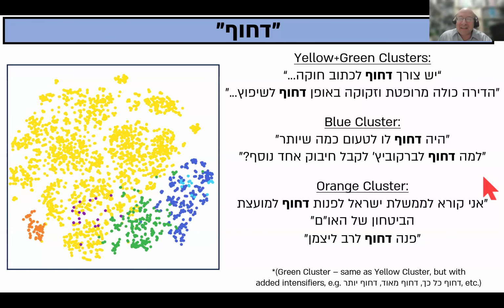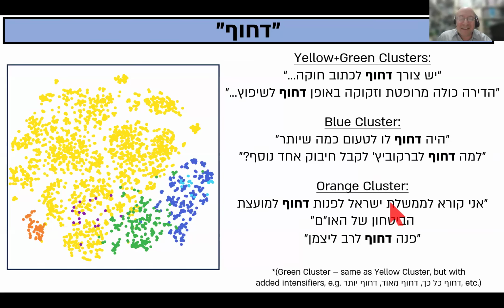The yellow and the green are the standard adjectival usage that Evan Shoshan knew about in his lifetime. Yesh tzorech dachuf, there's an urgent need. The blue cluster is cases like haya dachuf lo, it was urgent for him, or lama dachuf leBerkovich, why is it urgent for Berkovich? So that's the usage that was added to Evan Shoshan, where dachuf lo, like this thing is urgent for him.